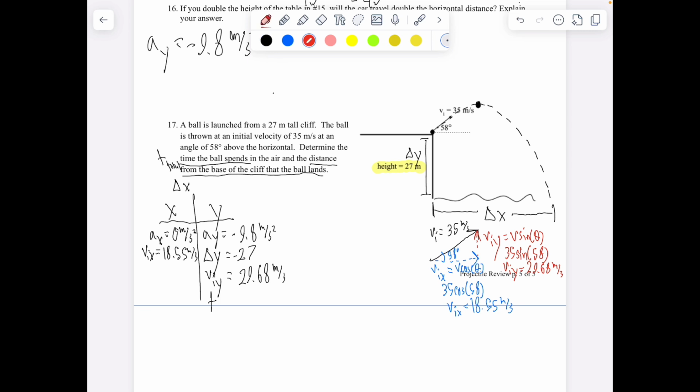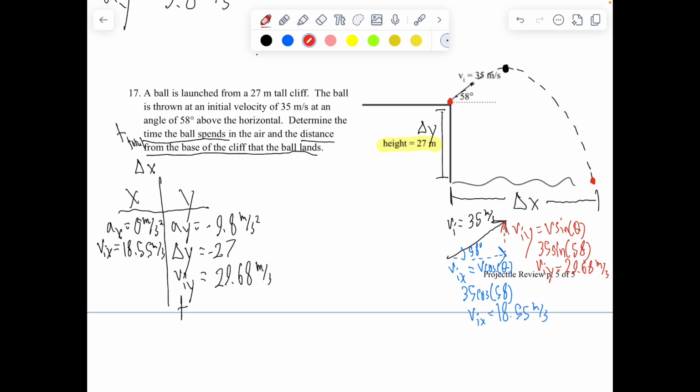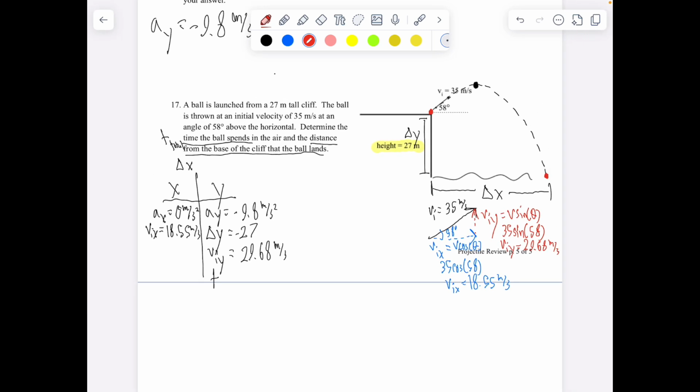At our start, we are right here. Our position at the end, we are falling down 27 meters. So our position is going to decrease by 27 meters. That gives us this delta y that we can use. That allows us to solve for our total time.